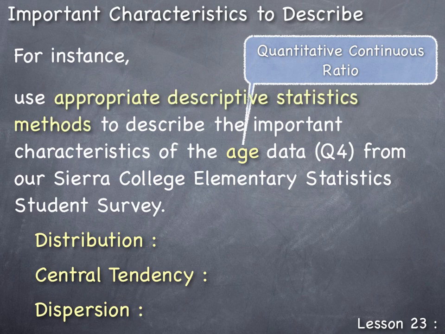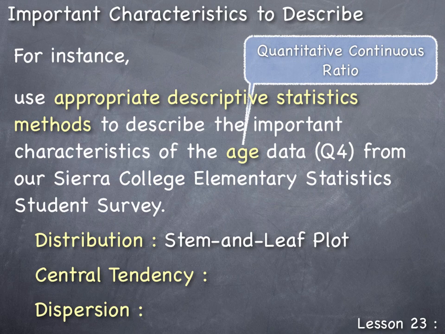The appropriate descriptive statistics methods that are used to describe the distribution of quantitative data would involve the construction of either a distribution table, a histogram, or a stem and leaf plot. Now, in order to determine the appropriate descriptive statistics method that will measure the central tendency and the dispersion of quantitative data, we need to establish whether there's a presence of outliers or not.